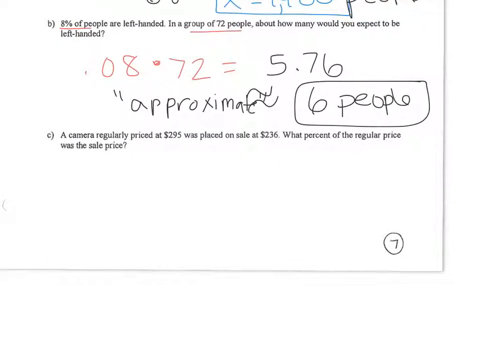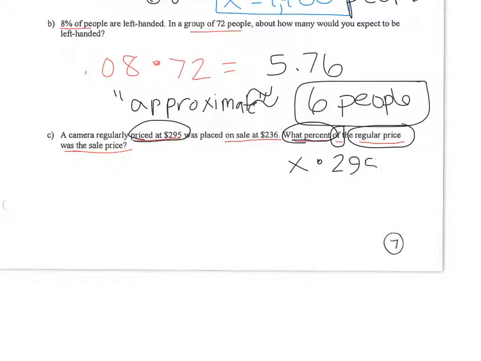And then letter C. A camera regularly priced at $295 was placed on sale at $236. What percent of the regular price was the sale price? So I'm going to take this last sentence and change it. What percent, X, of times the regular price? The regular price is $295. Was is the same thing as is equals the sale price.